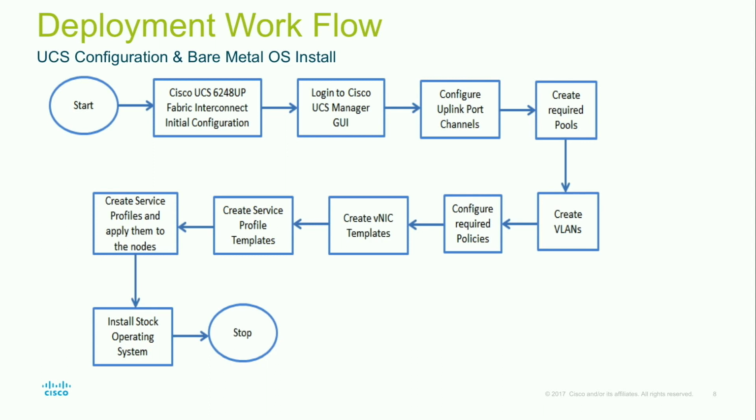The V-NIC templates and the service profile templates are another cool thing within the UCS environment, which allow you to create a V-NIC profile for your servers. These are updating templates. If anything changes based on your requirements, you make changes within the templates, and the entire change propagates all over the server environment. And the same happens with the service profile.